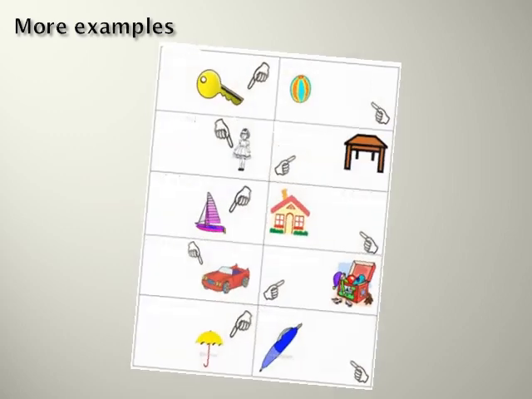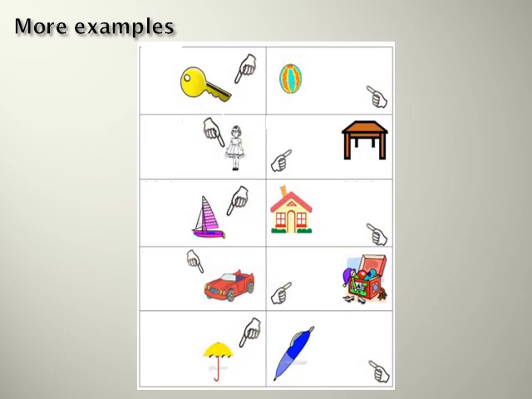For you to understand, there are a few more examples. First, look at the pictures on the left. Every object in the picture is close to hand, and there is only one object. Let's repeat the sentences. This is a key.